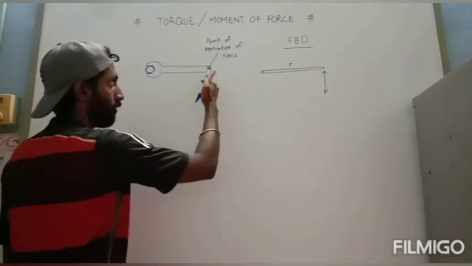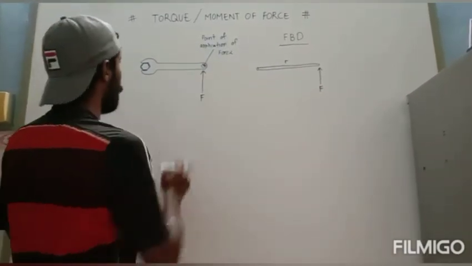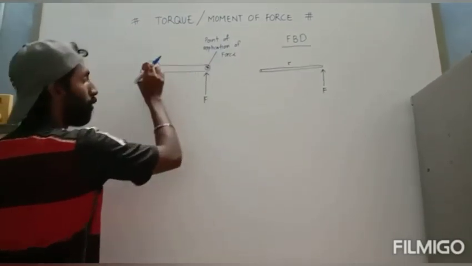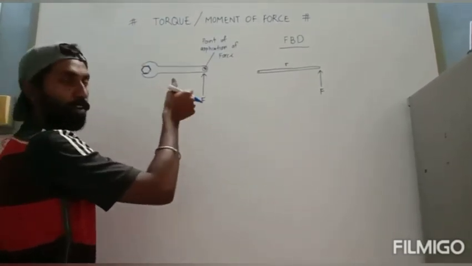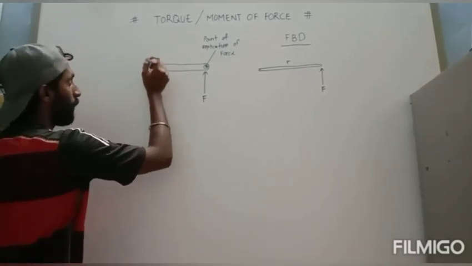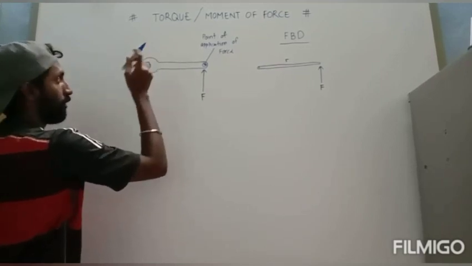Once the force is exerted in this direction, the bolt will start to rotate or twist. At this point the bolt will start to rotate. So this is the axis of rotation.